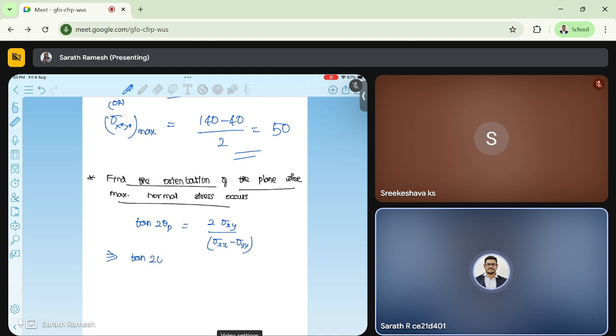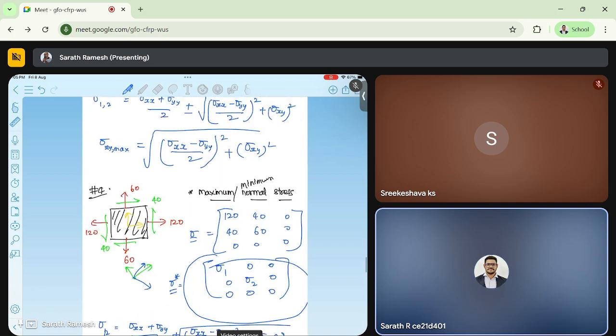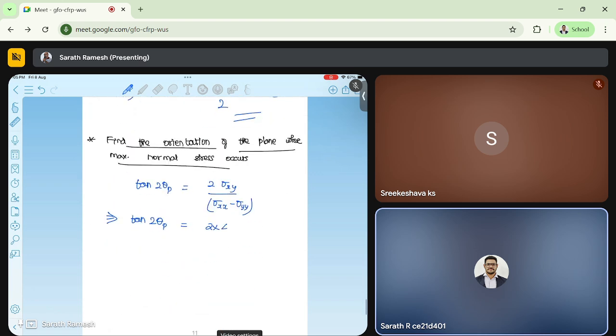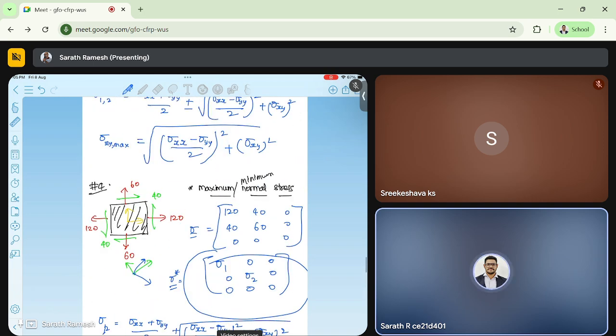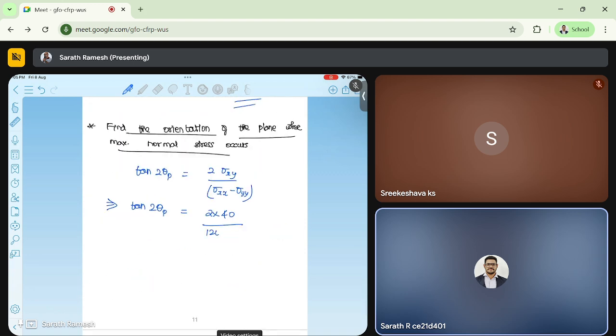Tan 2 theta p is equal to 2 times sigma xy, which in this problem was 40, by 120 minus 60. That is 80 by 60, which is 4 by 3. So tan 2 theta p is 4 by 3.